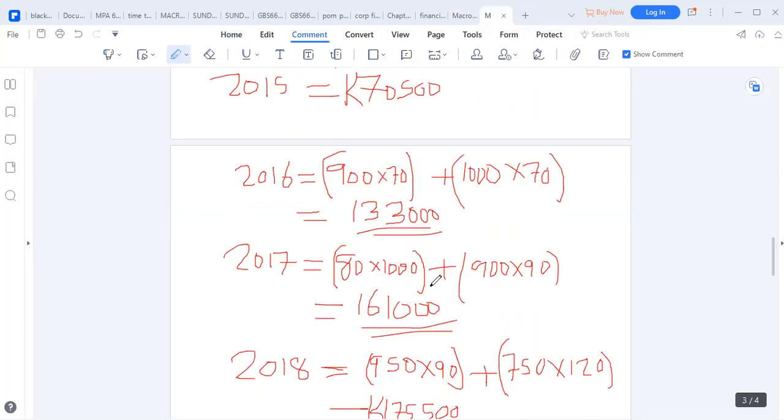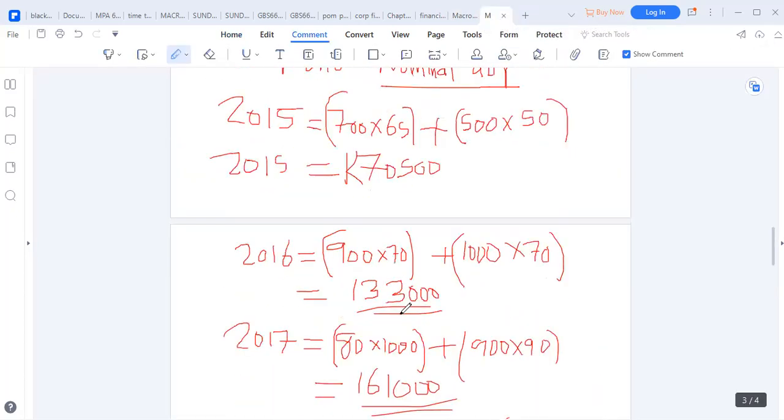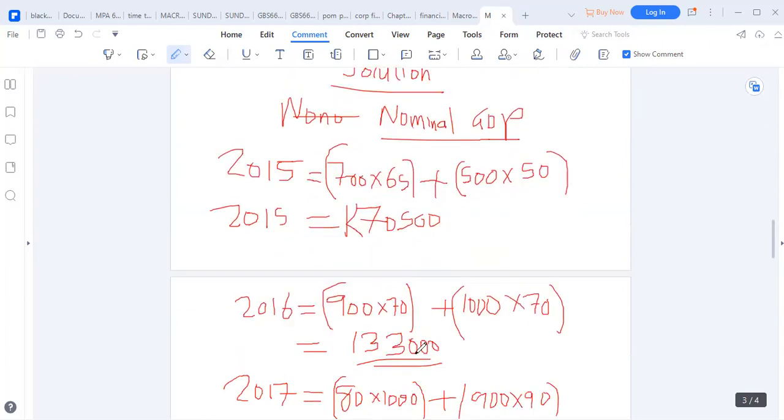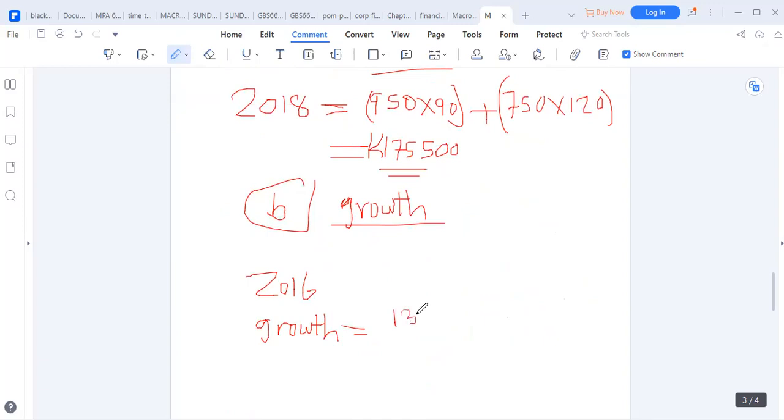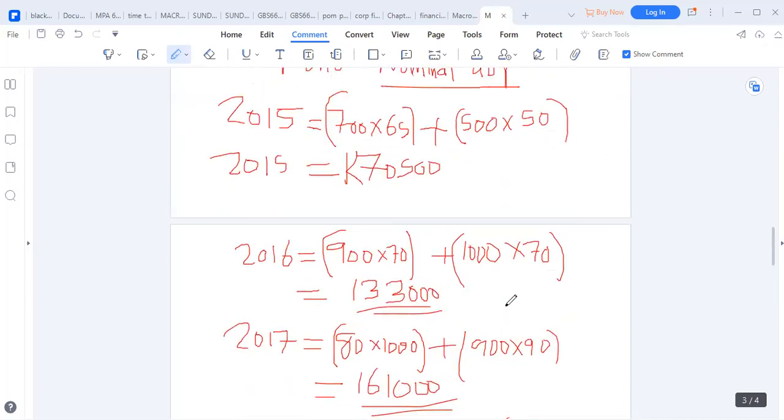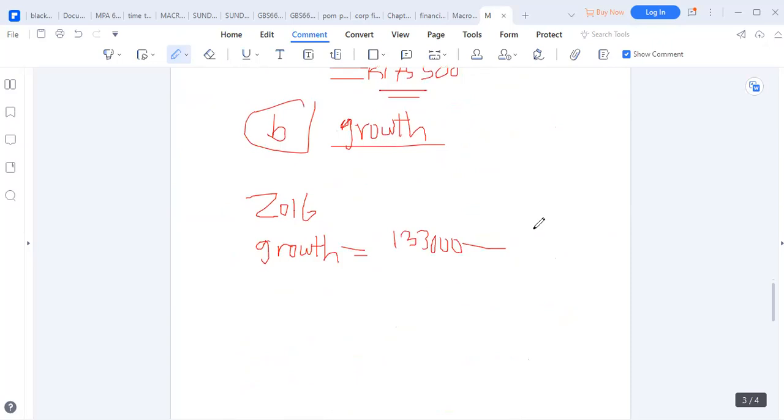So here we are going to have 133,000 minus 70,500 over 70,500, then multiply by 100%.